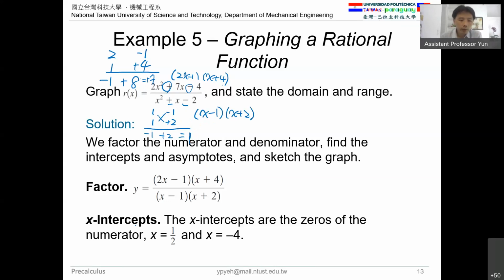So then we could factor these rational functions as shown here.